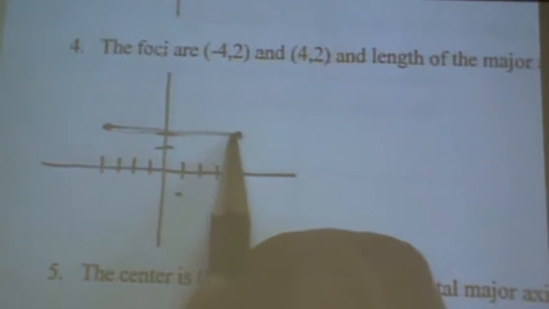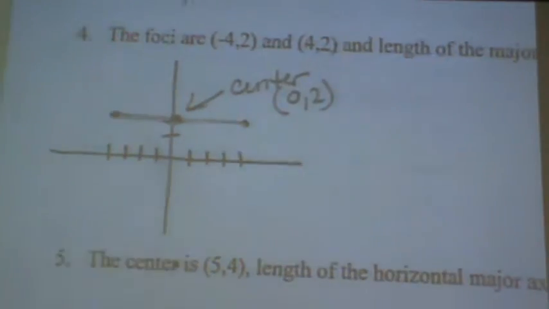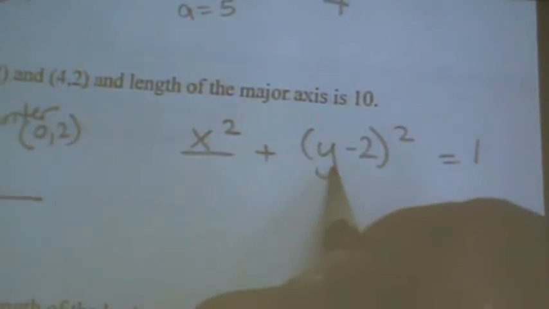Which means this is your C. If you were to draw a line segment from one fixed point to the other, right in between here would be your center. What is the center now? 0, 2. So what you have here, you have x squared plus y minus 2 squared equals 1.